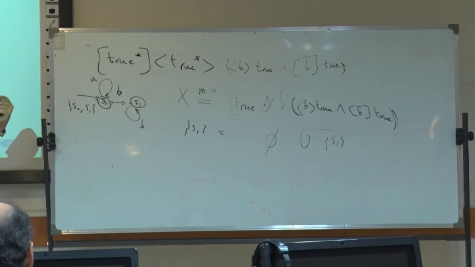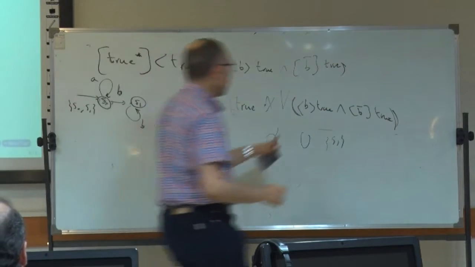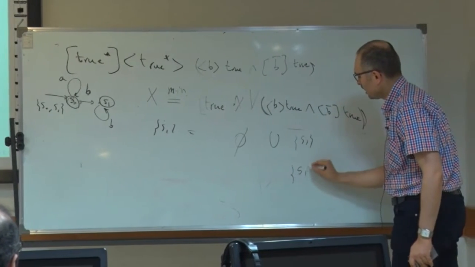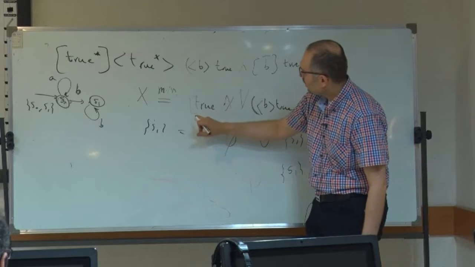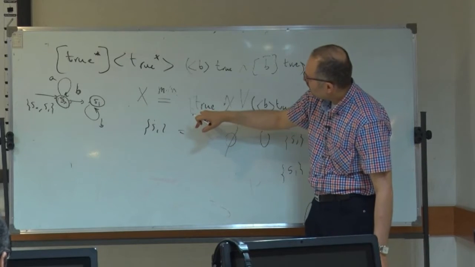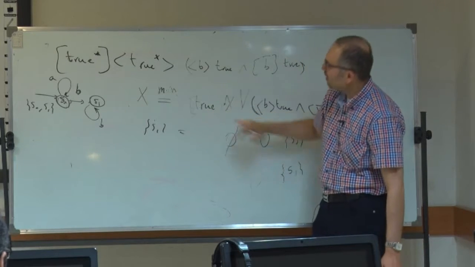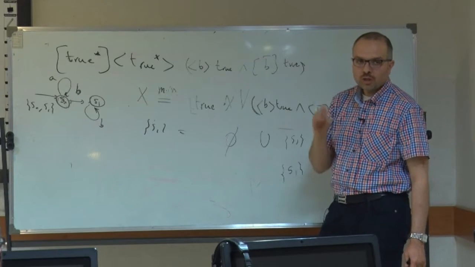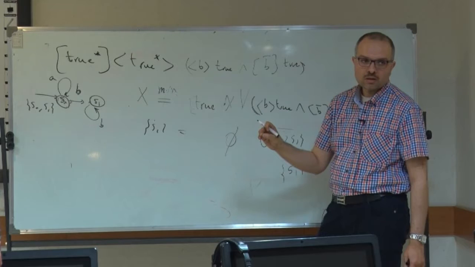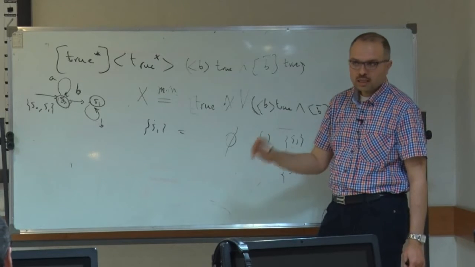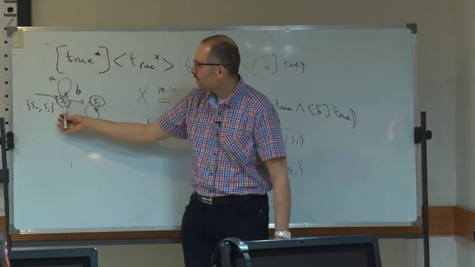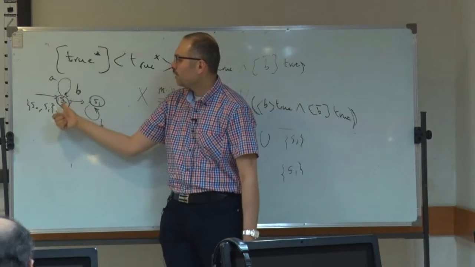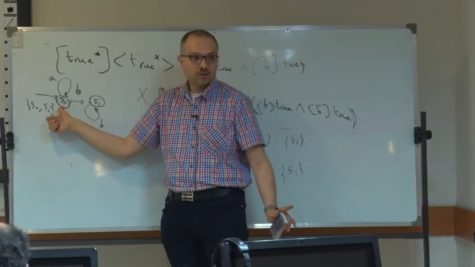So the empty set is not a fixed point. You should iterate once again. What is the solution to this one again? S1. What is the solution to no matter what you do, you end up in S1? S1. S0 is not a solution, it does not satisfy this formula, because you can do an A and you end up in S0, which is not allowed, right?